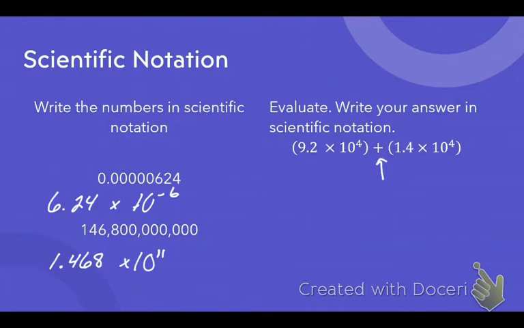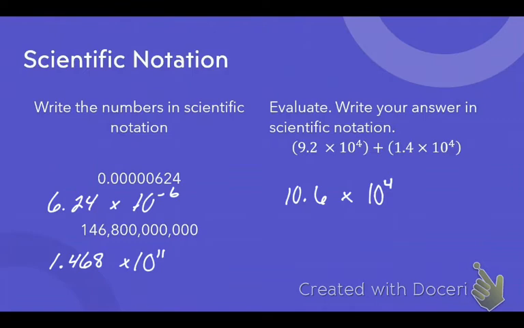When I'm adding and subtracting fractions, I don't add my denominators. I just bring down my common denominator. So with adding scientific notation, I would bring down my common power. Okay, so I have a common power, I bring it down, and now I can add my numbers together. 10.6 times 10 to the fourth power.